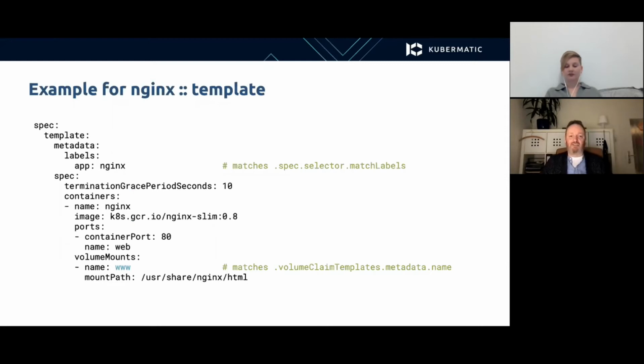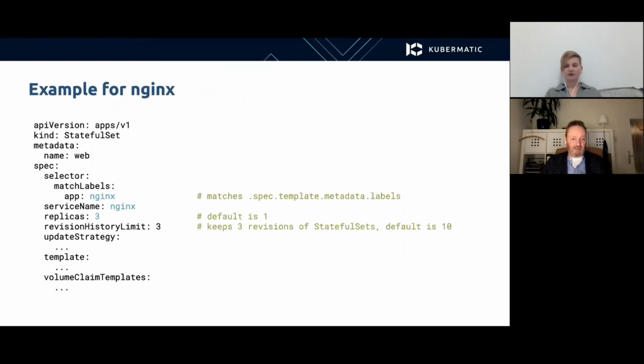The nginx template here is the template for the pod, and here once again you have metadata labels so that you can match, or you have to match, the spec selector match labels at the top. So let me quickly jump back.